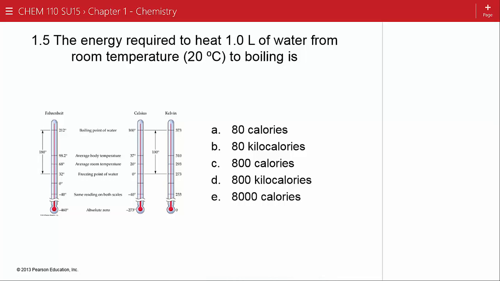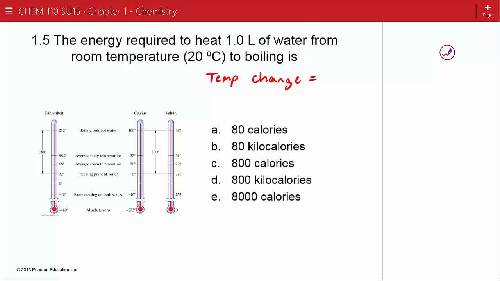The energy required to heat 1 liter of water from room temperature to boiling is... I'll give you guys a minute to try to work on this, but I'll give you guys a hint that might help. What's the temp change? What do you guys think? Yeah, the boiling point of water based on our SI units is 100 degrees.